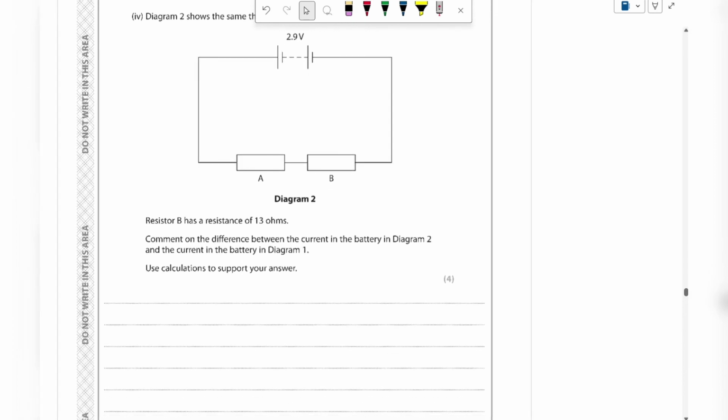Okay, we've now got a series circuit. Resistor B is 13 ohms and resistor A is 19 ohms. So our current is going to be V divided by R, 2.9 divided by our total resistance, which is now 32.